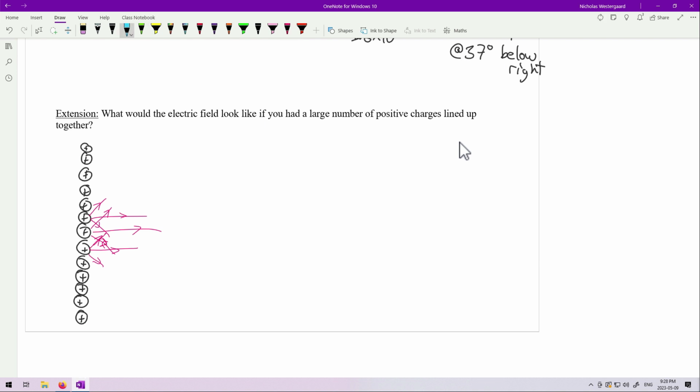Take a look at what's happening right here, at this point. This charge, I'm going to call it charge 1, is pointing straight out. Charge 2 that sits just above it is pointing up and to the left, and charge 3 that's just below it is down and to the right, and the other one's up and to the right.